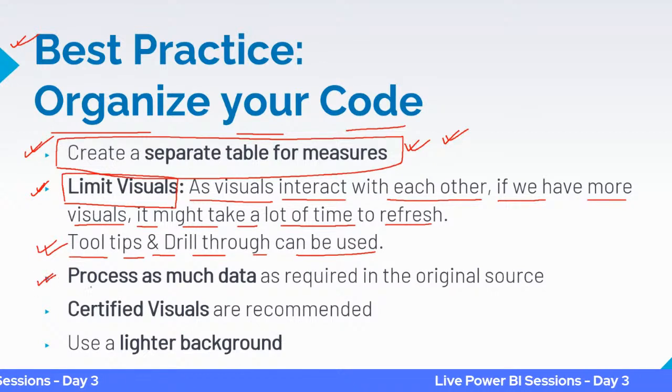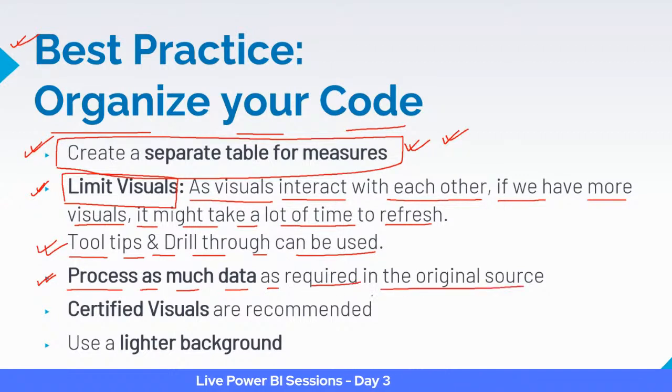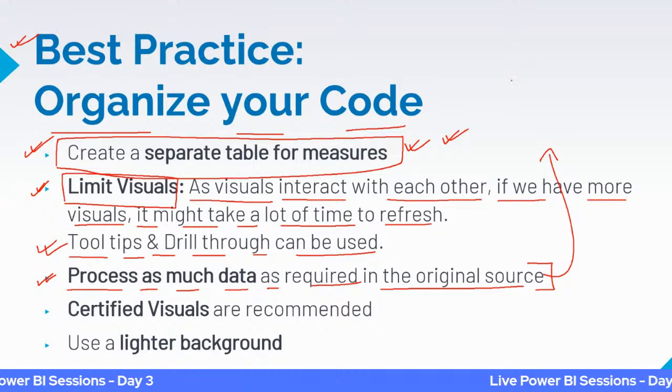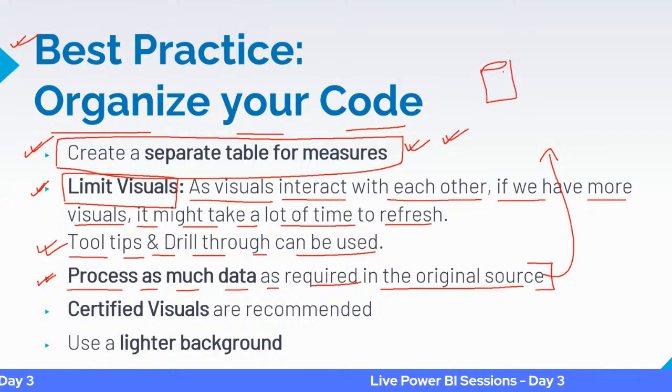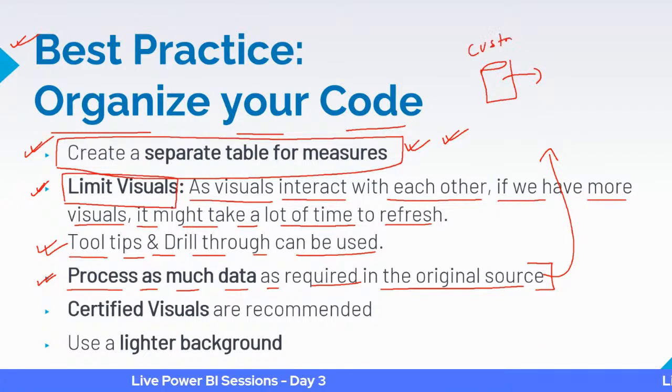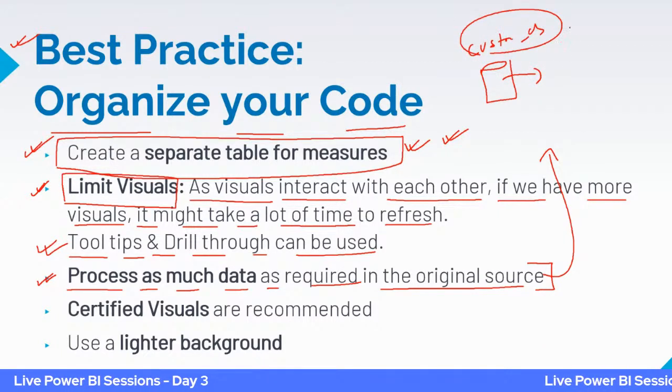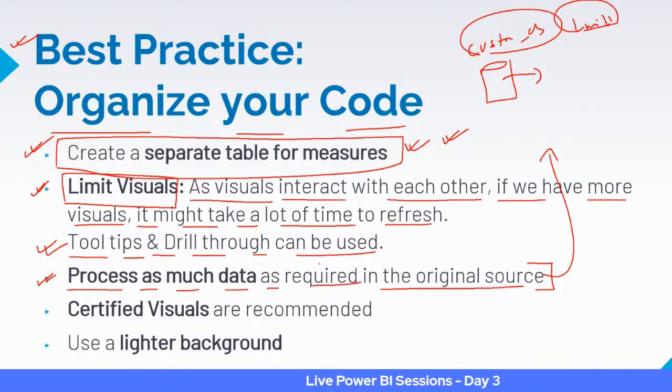The third step, process as much data as required in the original source. What does this mean? This means if you are working on a database, right? Your database is something customer churn. It has 1 million records. When you are creating a dashboard, right?